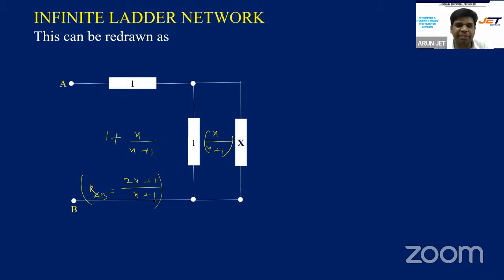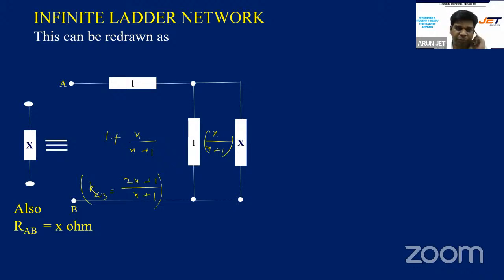Now between A and B, what have we presumed? R AB is x ohms. This is what we know, because across A and B we have presumed x ohms. Even after removing one unit, we again had x ohms. So this parallel combination in series with 1 should again be equal to x ohms.